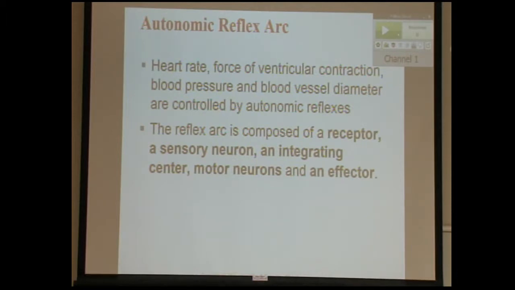Your heart rate, how hard it contracts, your blood pressure, all those things are under involuntary control and monitored and kept at a sort of constant rate. So an arc has a sensory neuron, an integrating center, and then motor neurons and an effector. And you'll see how all those work in a second.